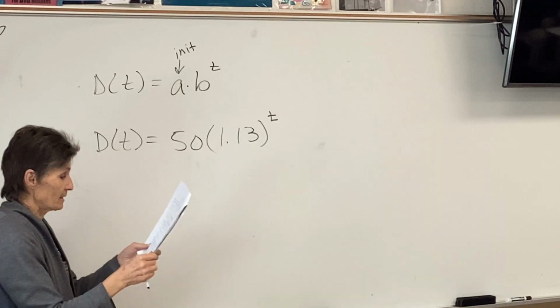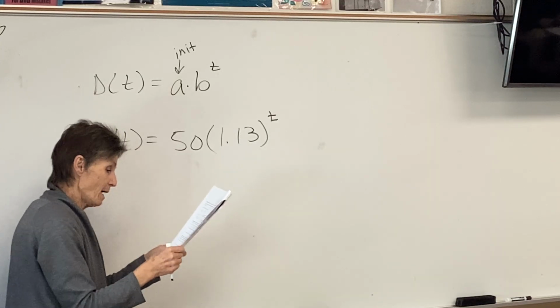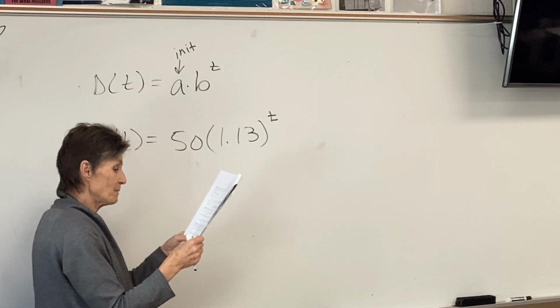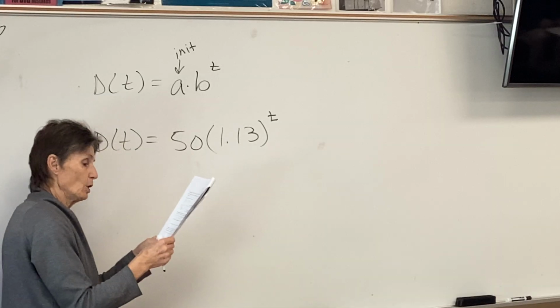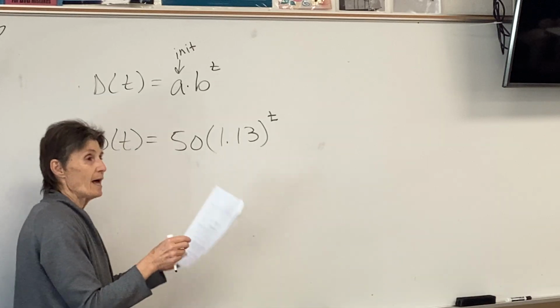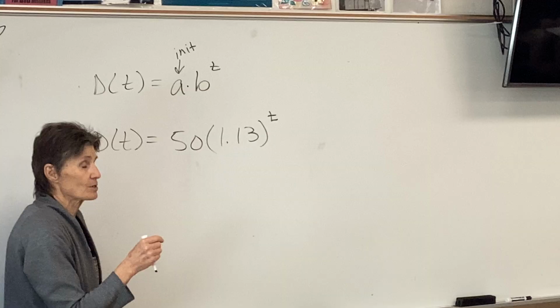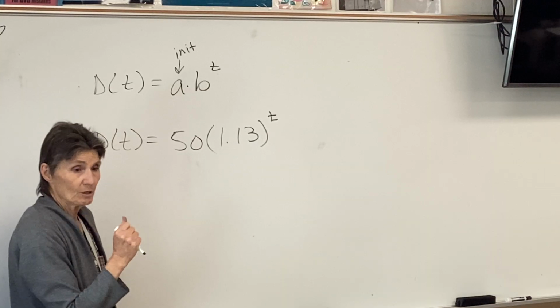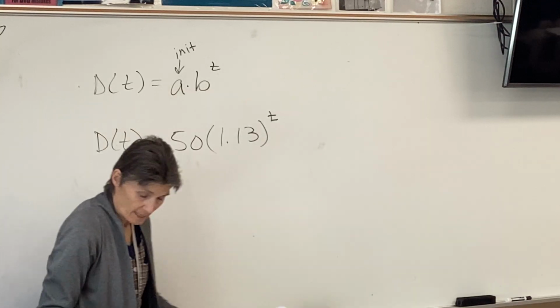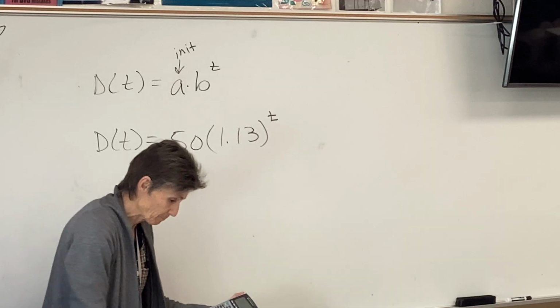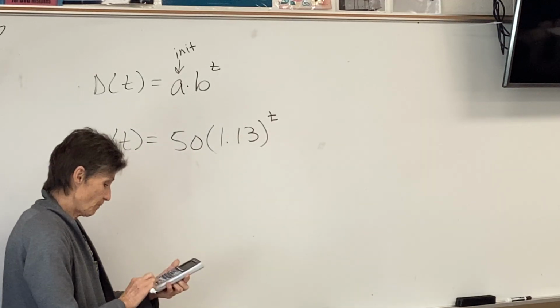Didn't that make sense? According to the model, what is the population of deer in the large wooded area after 6 years? Well, what are we going to do? Plug in 6. That will be a calculated problem. So 50.